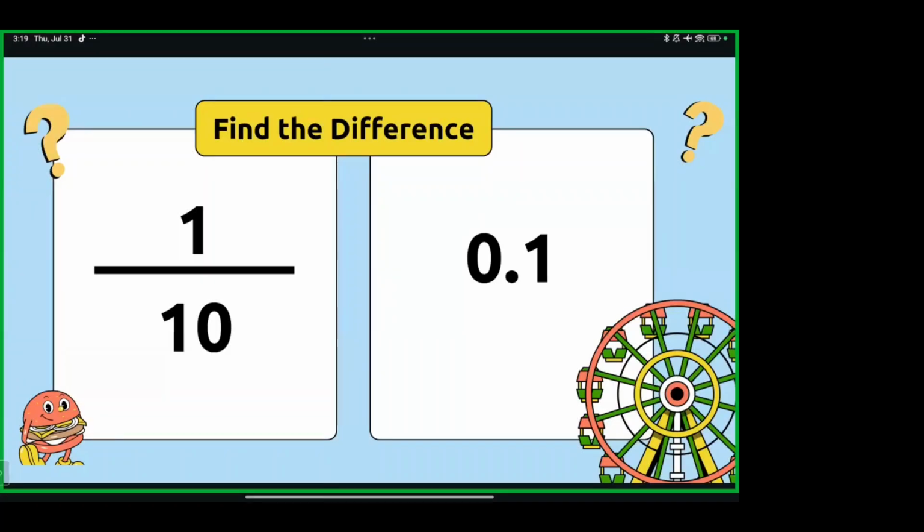Why do you think it's important to learn about decimals? Anyone want to try to answer? Okay, we use decimals when dealing with money, recipes, time, or measurements. That's why it's so important.